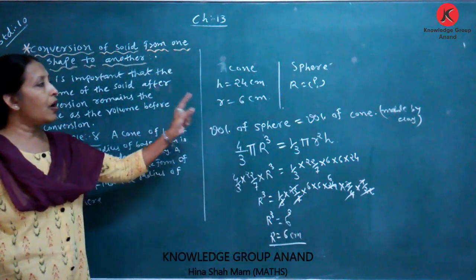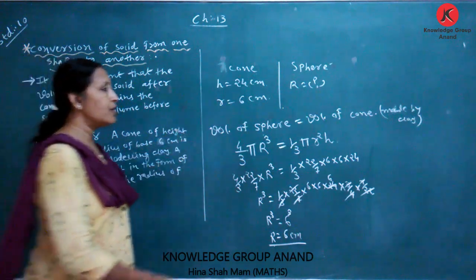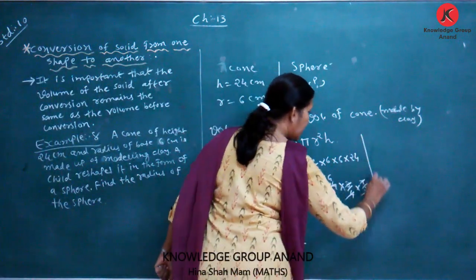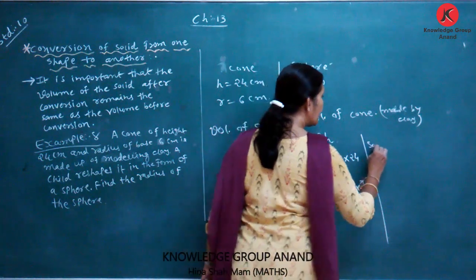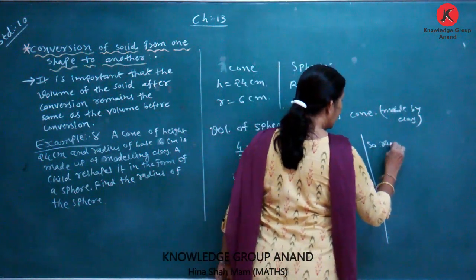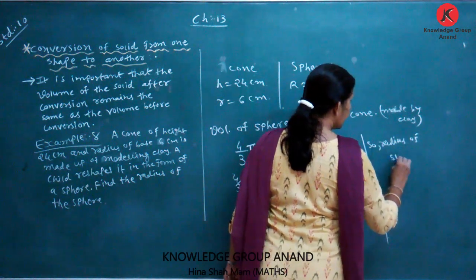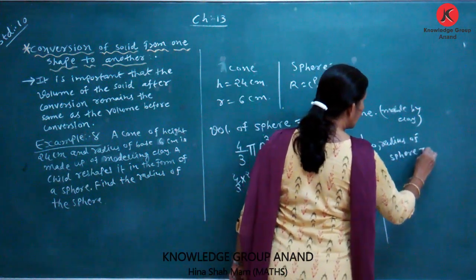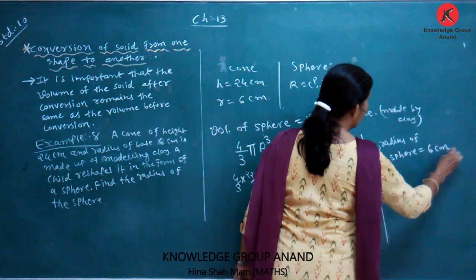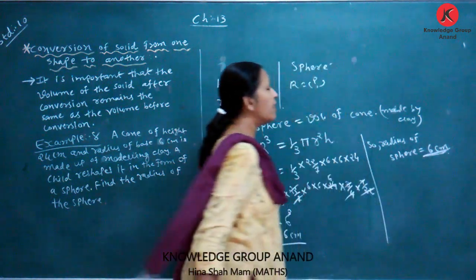Therefore, the radius of the sphere is equal to 6 centimeter, which is our answer.